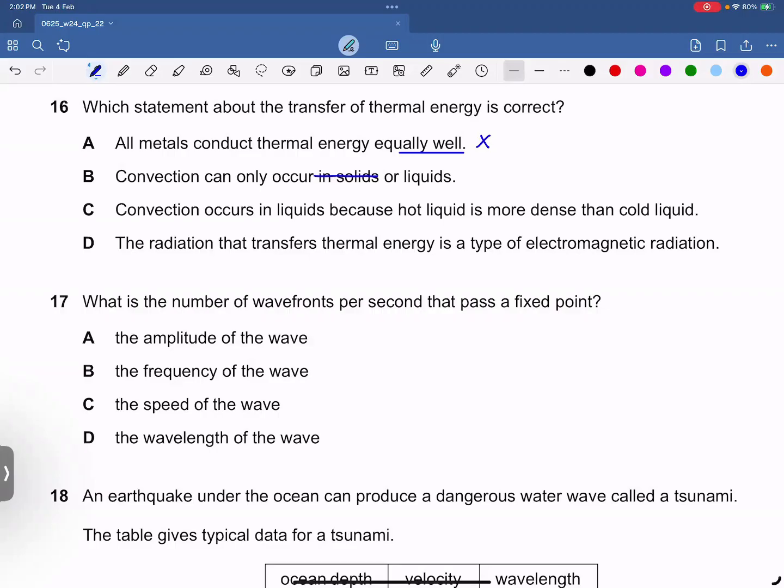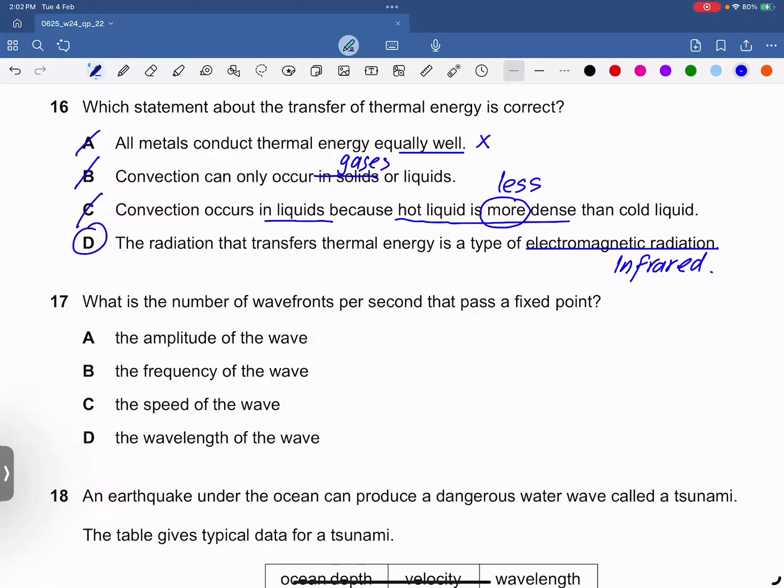No. Actually, it is gases and liquids, so also wrong. Convection occurs in liquids because hot liquid is more dense? No. Hot liquid is less dense, so also wrong. D. The radiation that transfers thermal energy is a type of electromagnetic wave? Yes, and its name is infrared. Infrared is heat radiation. Option D.